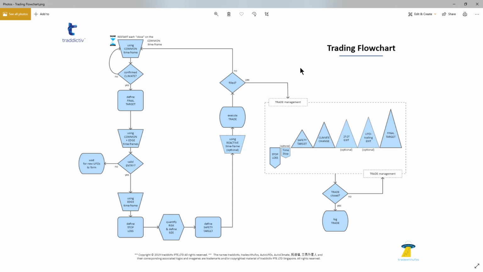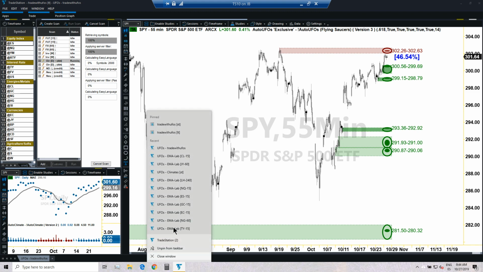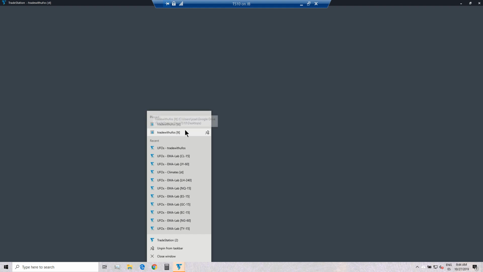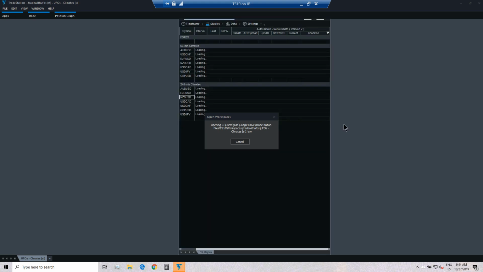Okay, so in here I've got TradeStation, so I would like to run my scanner looking for long opportunities. So I'm going to do that. In parallel, I will also open my short-term desktop, so I'll be looking at the futures markets.